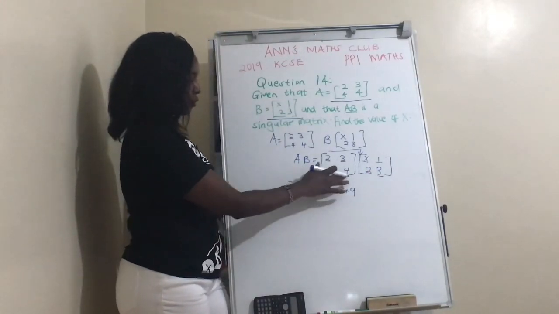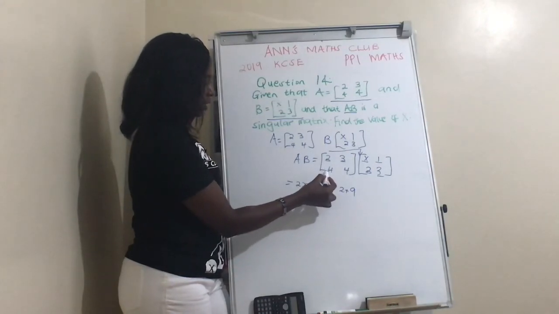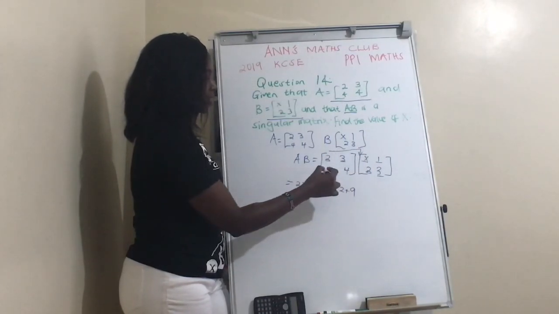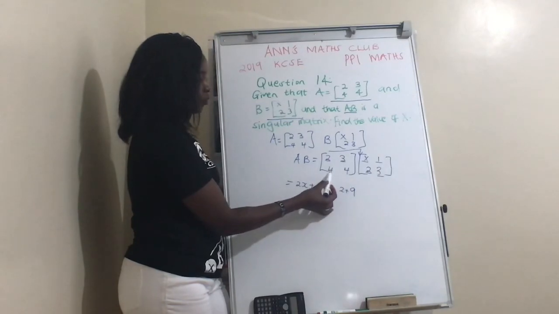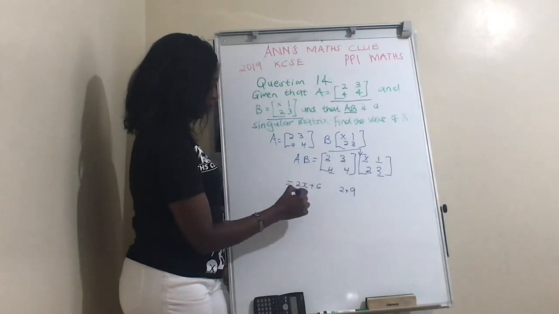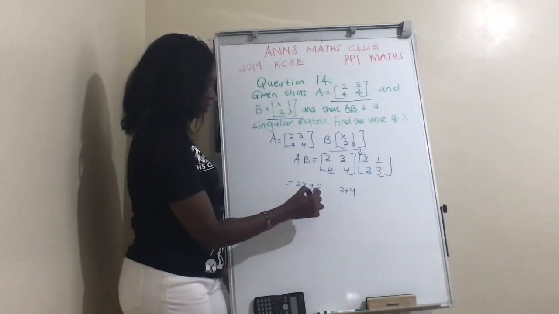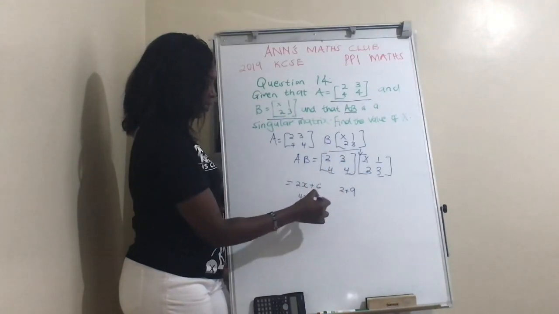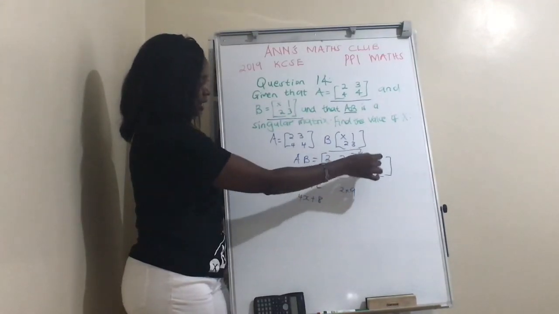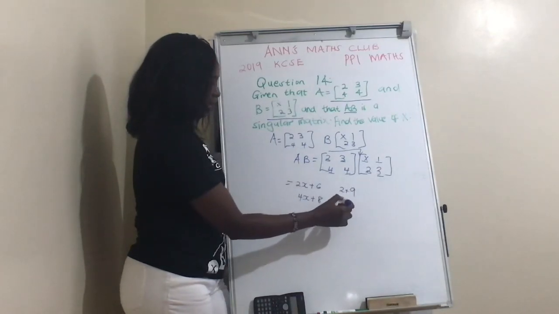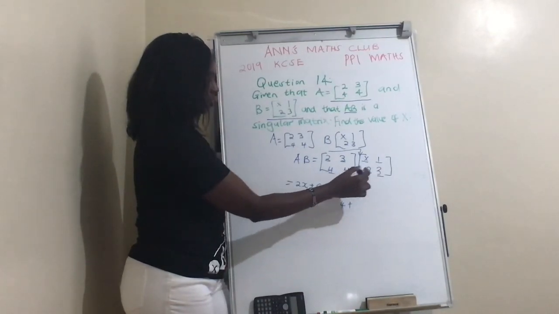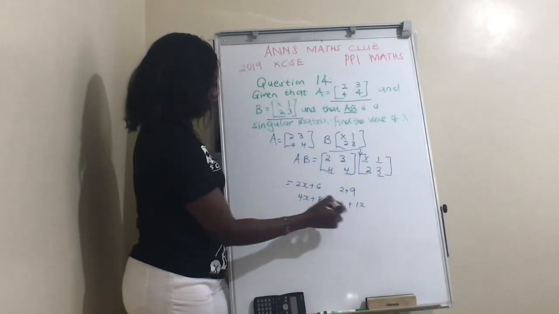Then for the bottom, you again take the row and multiply with the column. So 4 times x becomes 4x plus 4 times 2 becomes 8. For this other side, 4 times 1 becomes 4 plus 4 times 3 becomes 12.